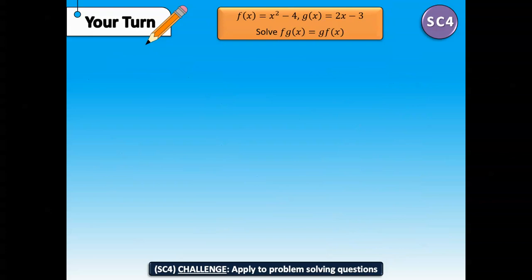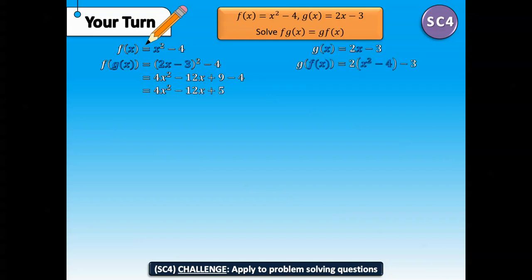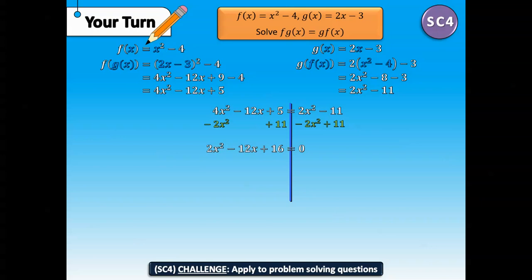For the amber question, if we substitute g of x into f of x, we get this. And if we substitute f of x into g of x, we get this. So we can make them equal to each other. We can take 2x squared off both sides and add 11 to both sides to make it equal 0.